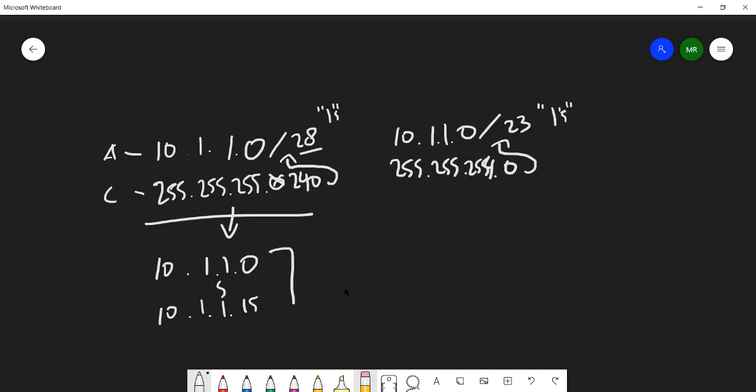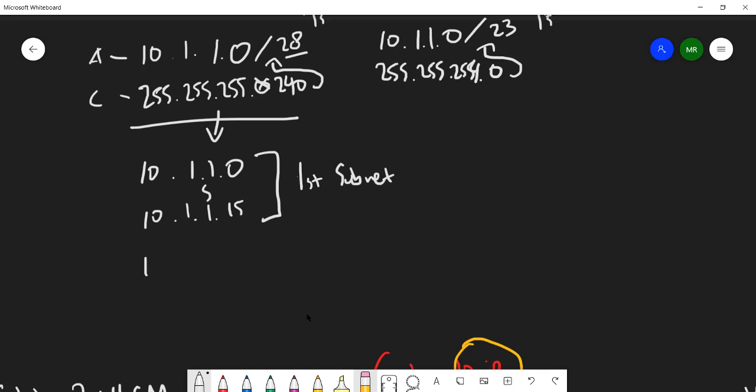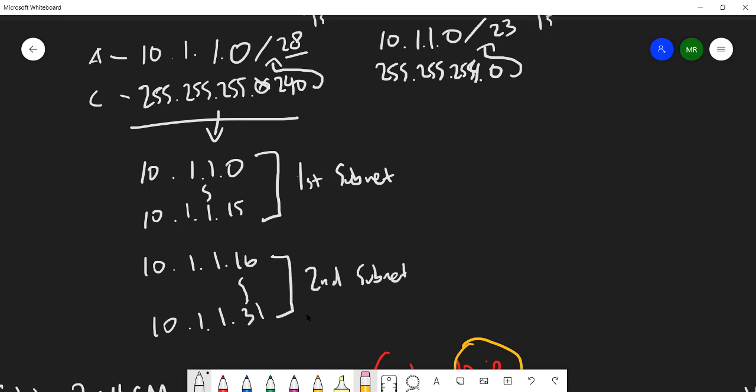Let's see the range. If we start at 10.1.1.0 with a prefix mask of /28, then the last address will be 10.1.1.15. This is the first subnet, and the second subnet starts from 10.1.1.16 up to 10.1.1.31.